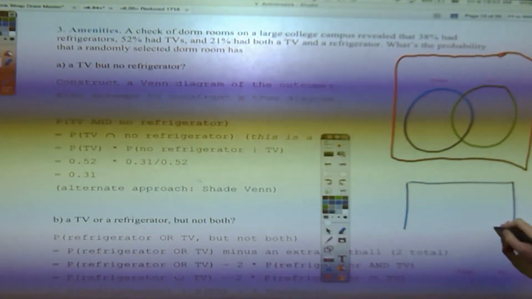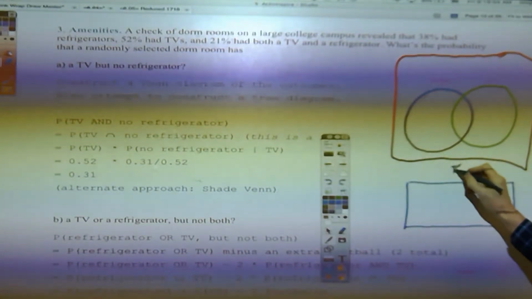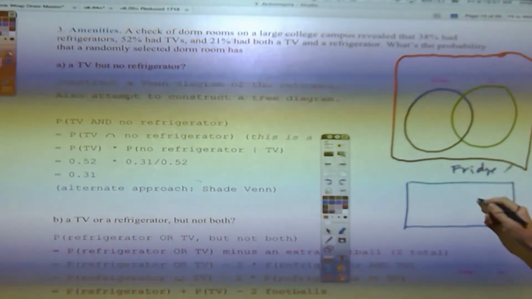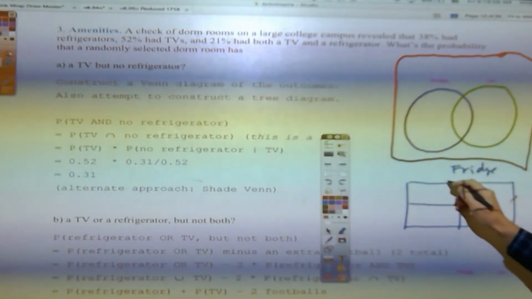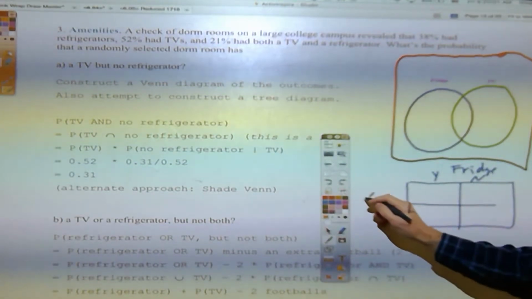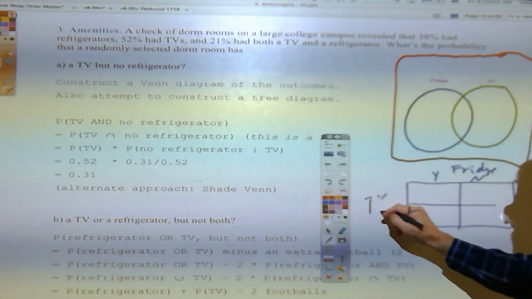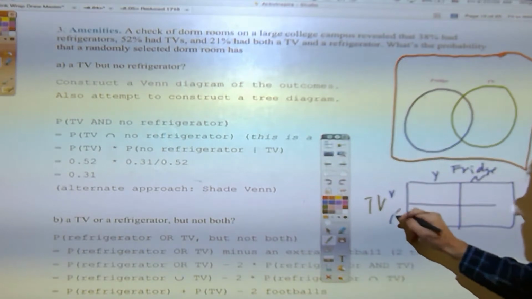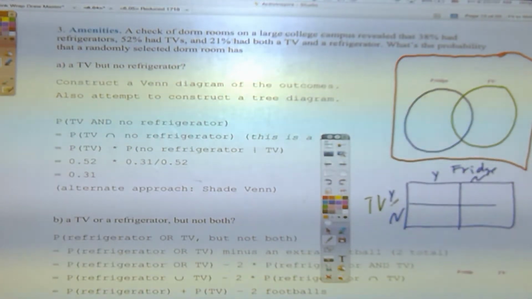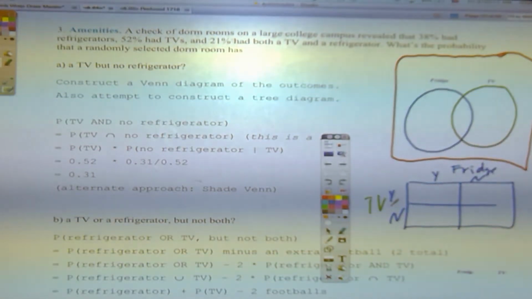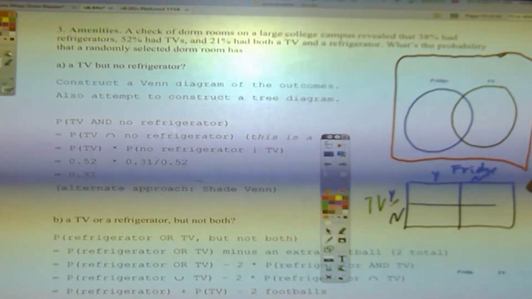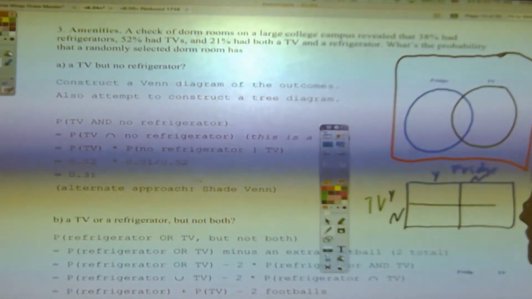So let's say fridge, either yes or no, and TV, either yes or no. Because you never know how they're going to present it on the AP test. They might give you the Venn diagram on the AP test. So you've got to be ready for all three.